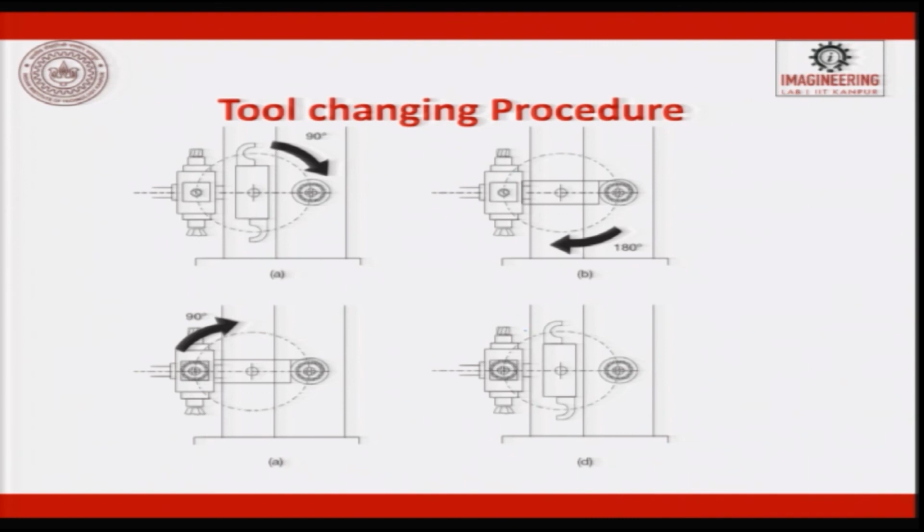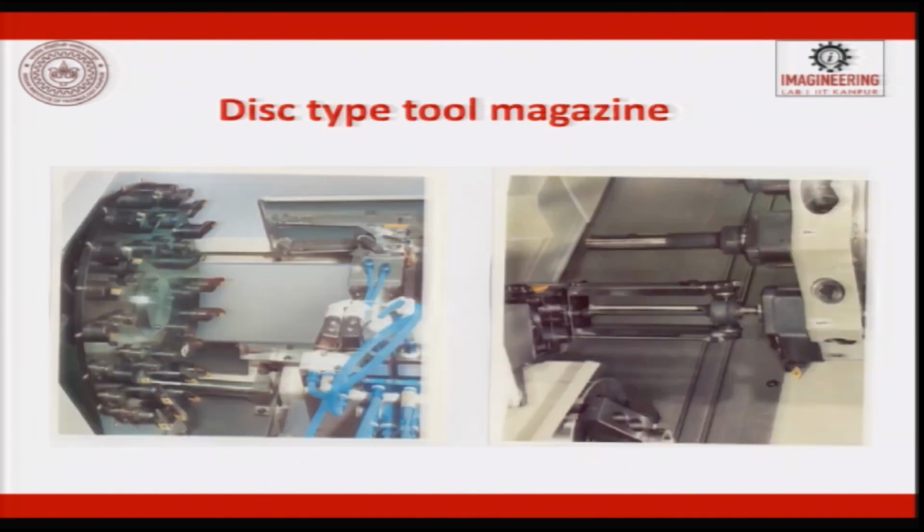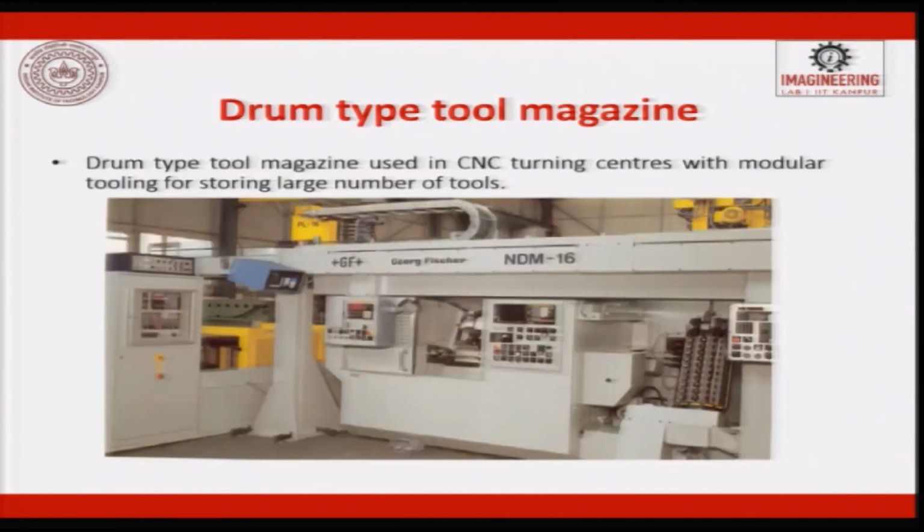It has to index 90 degrees, 180 degrees, 90 and 180 to get it. This is a disc type tool magazine, and this is how the change is done.